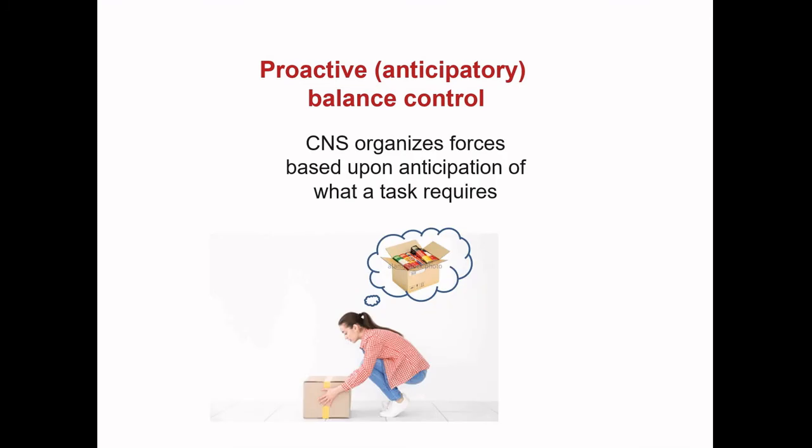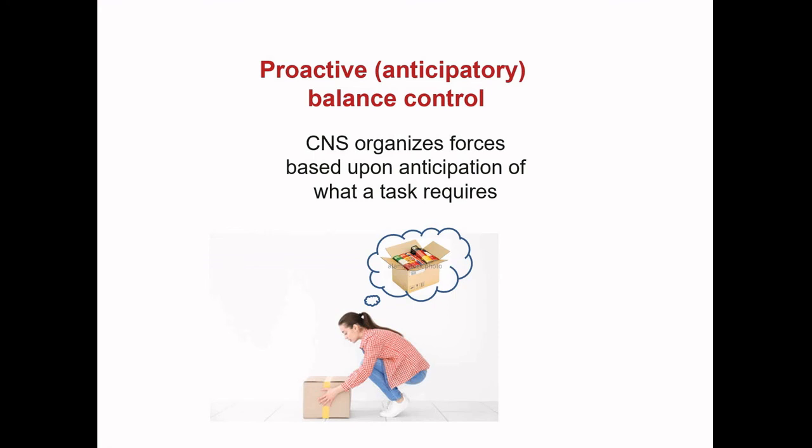In the final part of this lecture, let's develop our understanding of proactive balance control. In proactive or anticipatory balance control, the central nervous system organizes forces based upon anticipation of what an intended task requires. Here we see a person picking up a box.